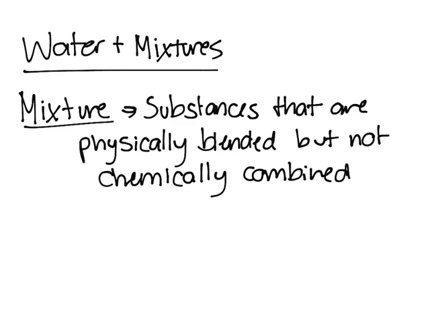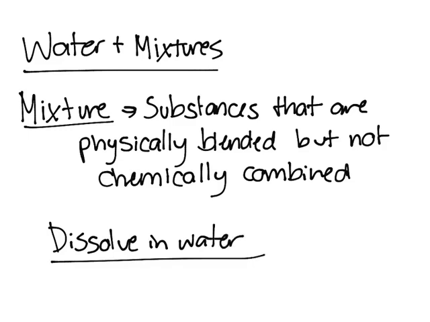For example, if you have a mixture of salt water, you could easily evaporate the water and you'll still be left with the salt. And so most mixtures in our body consist of chemicals dissolved in water.